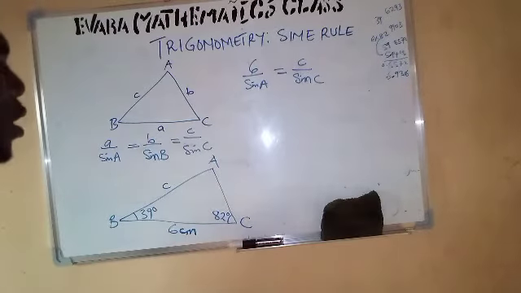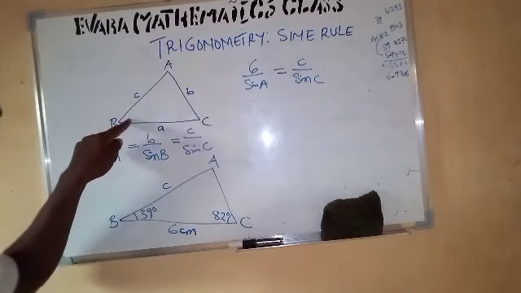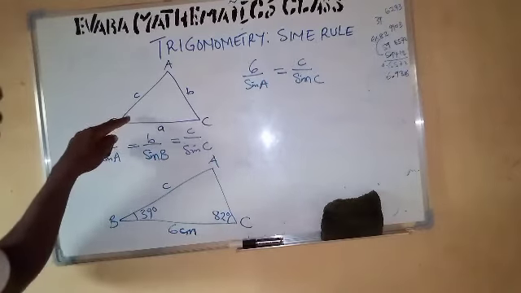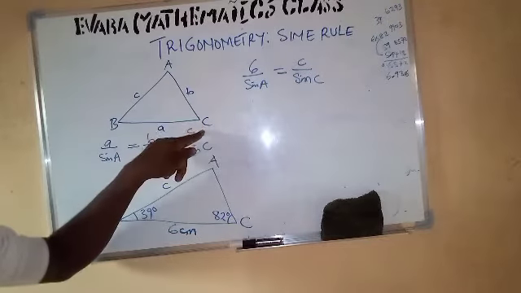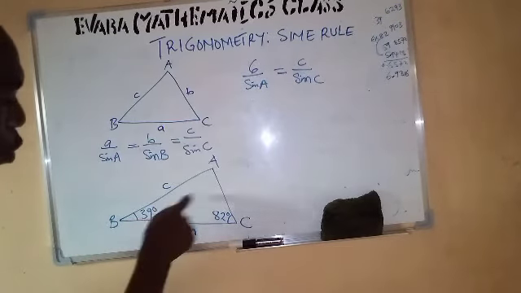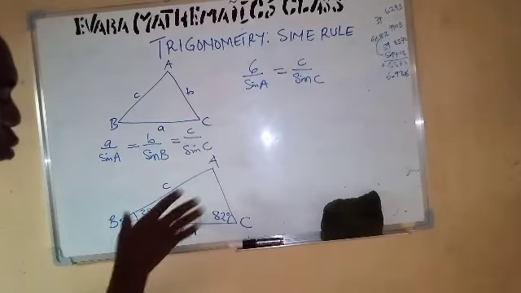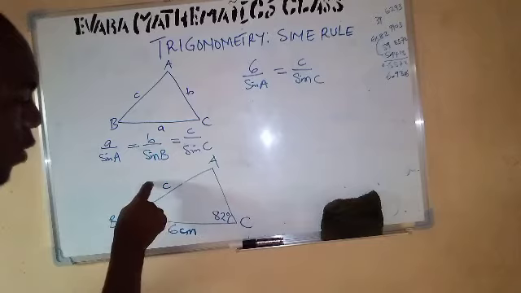That's what we have explained earlier. We can take A over sine A equals B over sine B, or B over sine B equals C over sine C. Now, from this question, we cannot touch B because we don't know the length that faces angle B. So, we can't use B now to get this value.